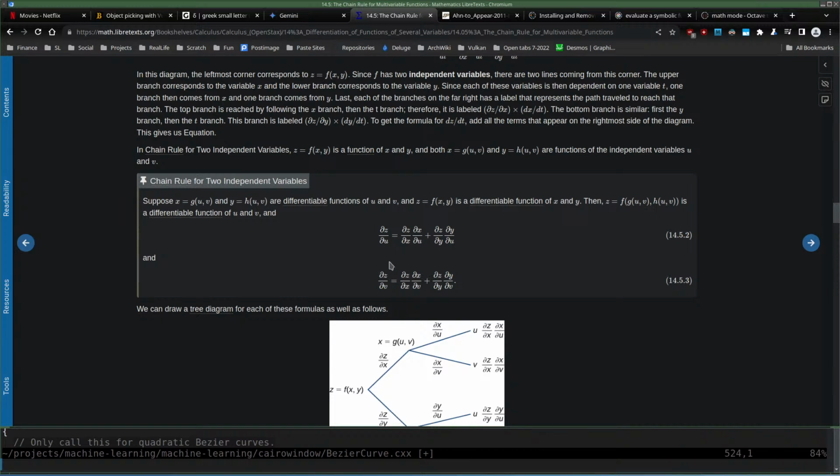But U and V could be the two angles. In the end, I'm going to have many of these variables, right? All the angles. I definitely have a partial derivative for each angle. If I have a whole spline of things, the angle of the tangent at every point is a different variable.